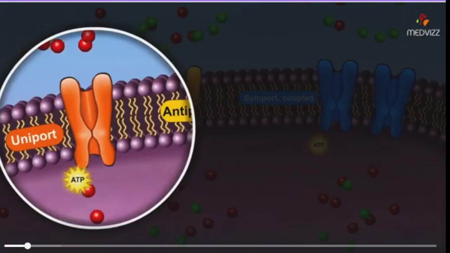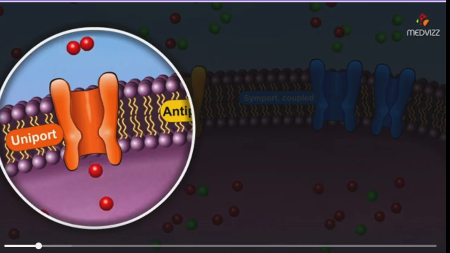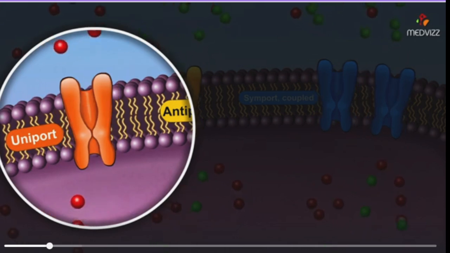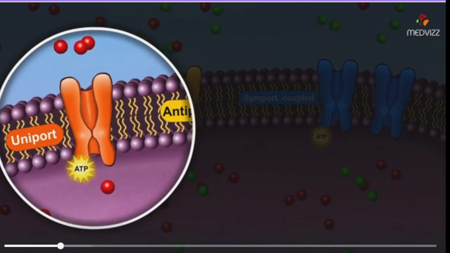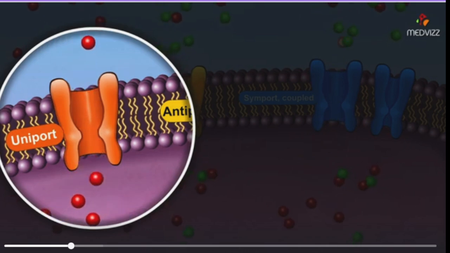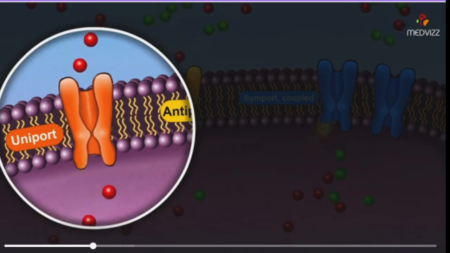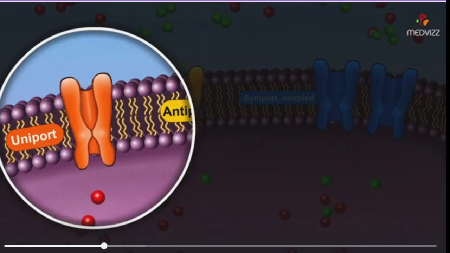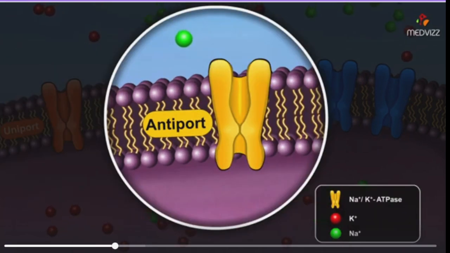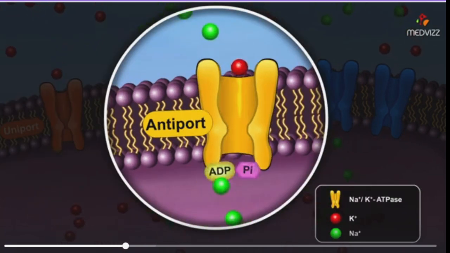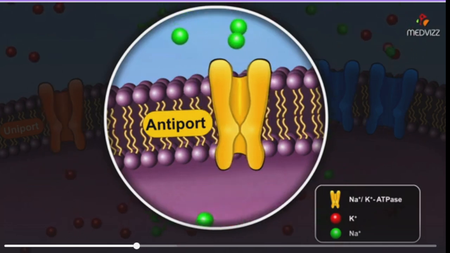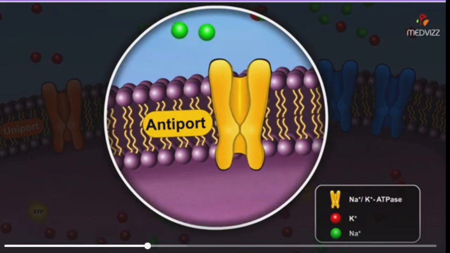A uniport is an active transport protein that transports a single molecule or a group of the same molecules in one direction against the concentration gradient. These proteins are also ATPases, using ATP to drive the transport. An antiport is an active transport protein that transports two molecules in opposite directions against their concentration gradients.